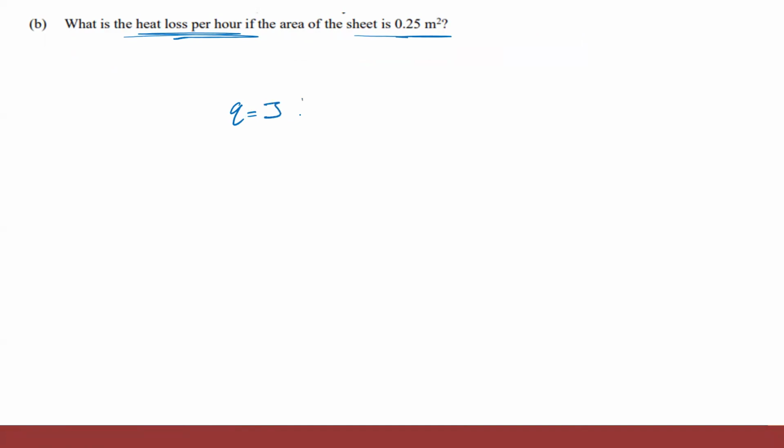So joules per square meter per second. Now you need to find the total heat energy. If you multiply this Q by the area and the time, that will give you the capital Q. So can you please find me the capital Q, which is the total heat loss that they're asking for an hour.